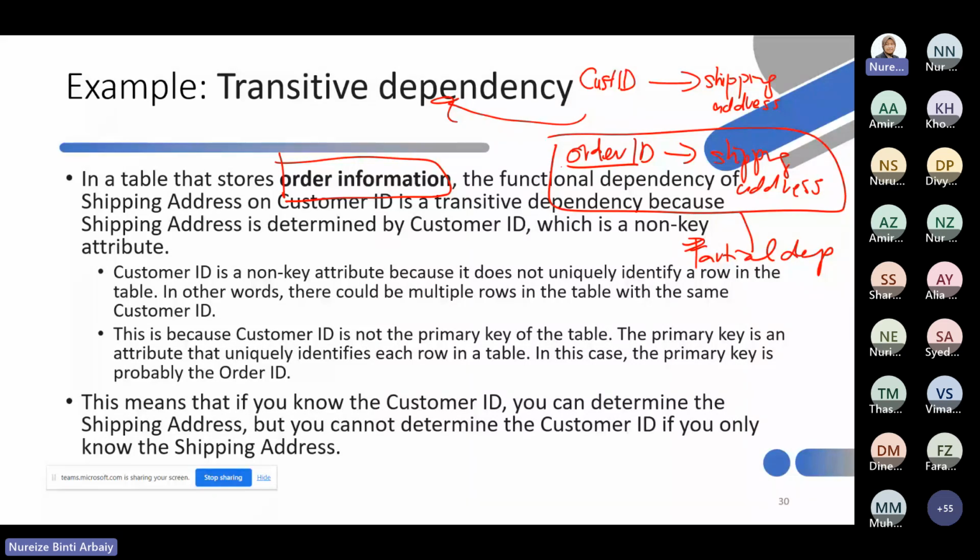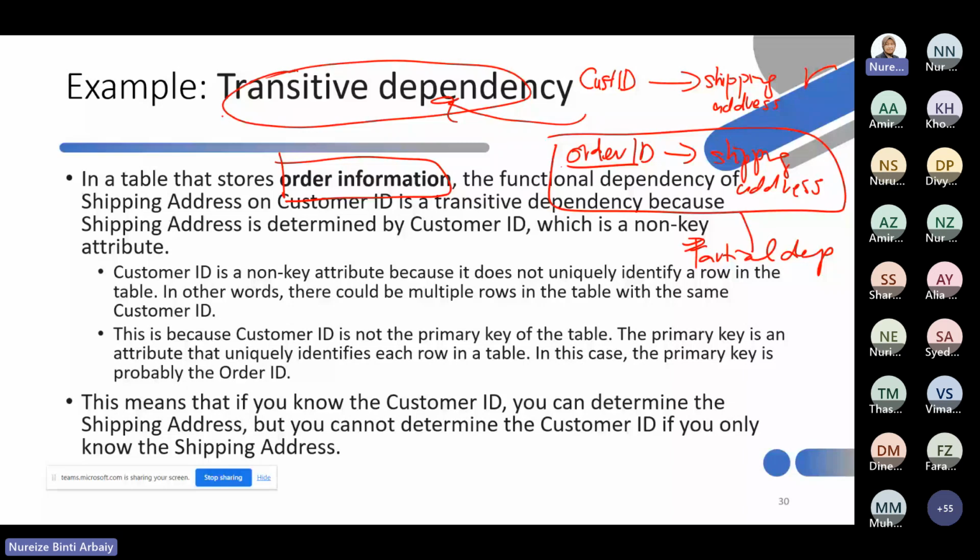The relation is still the same. In that situation, customer ID is used to identify the shipping address. Yes, it's okay, but it falls under transitive dependency. Once it falls under transitive dependency, we do not want it in this group.